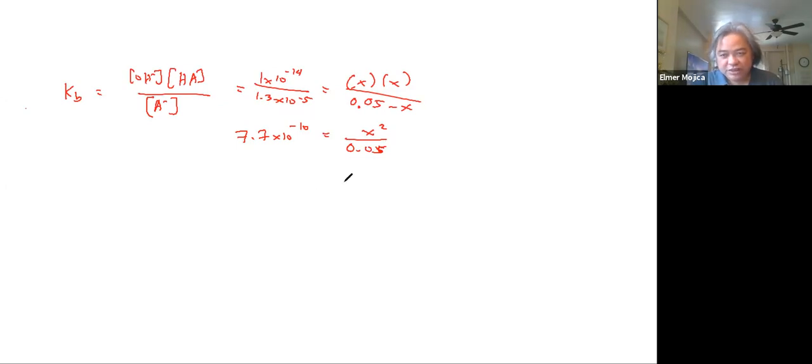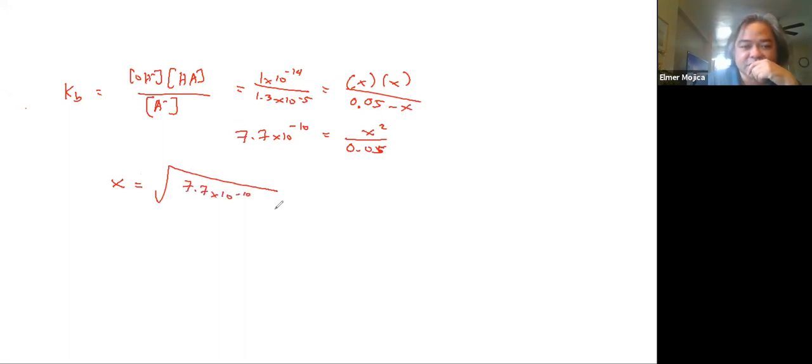And you can also make the assumption because the initial concentration divided by the given Kb is over 1,000. So you end up with what? What is x here? So it's just the square root of 7.7 times 10 to the negative 10 times 0.05.